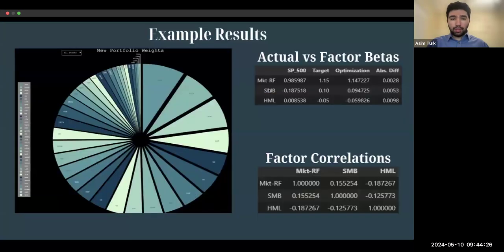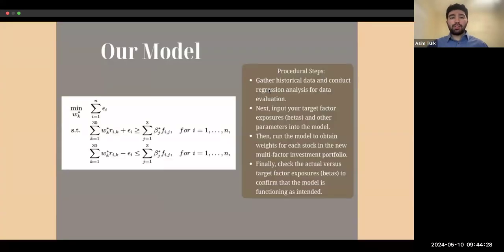So let me briefly mention our model. How do we achieve that? Obviously we gather historical data and format it in a way that our optimization model is going to understand. We have our factor returns on the right-hand side, and on the left-hand side we have our returns and weights of the possible stocks that we're going to have in our portfolio.